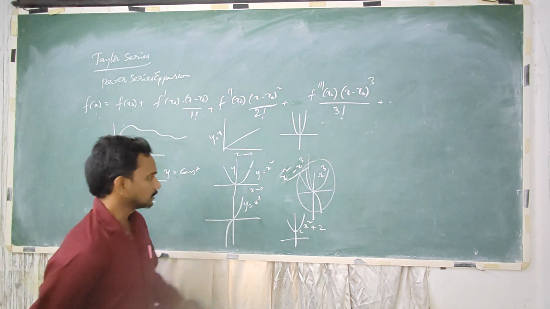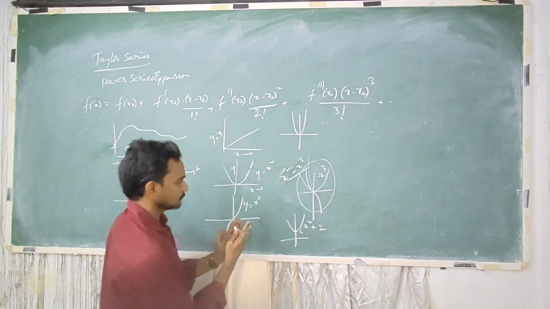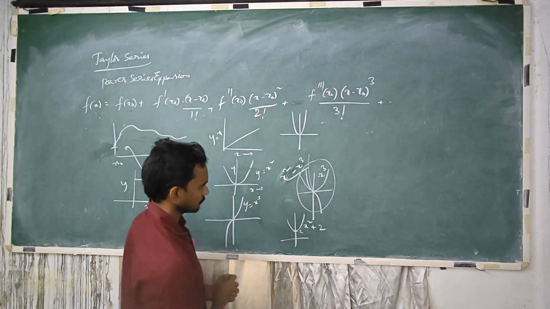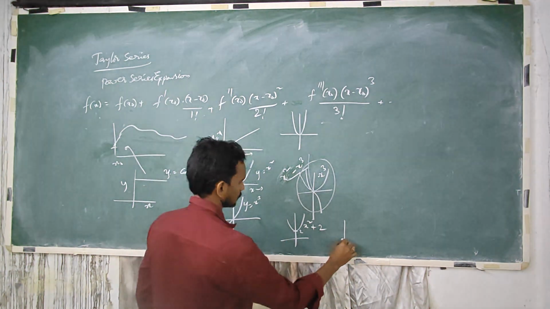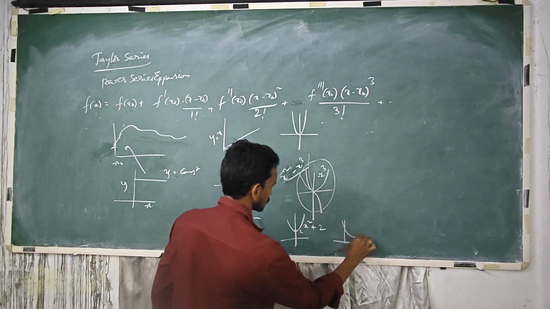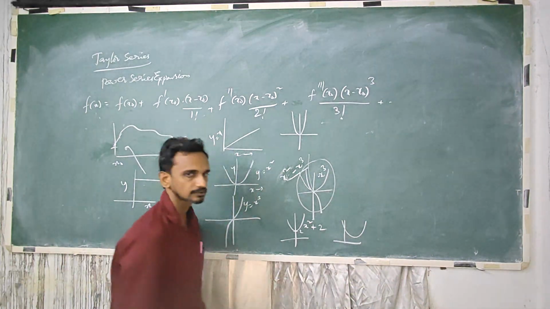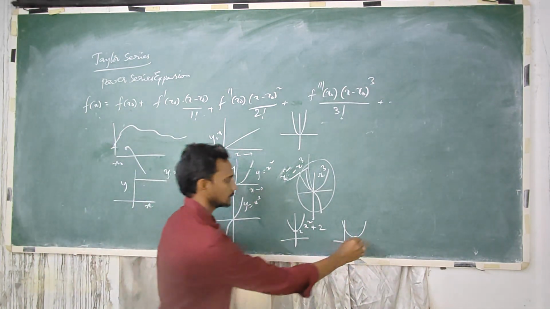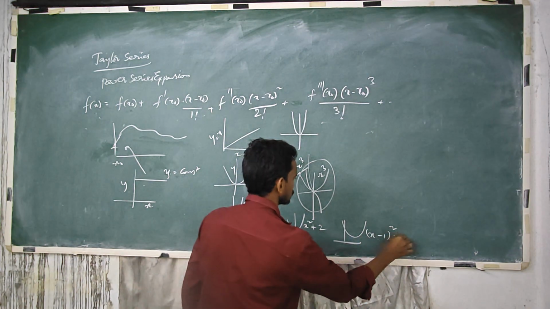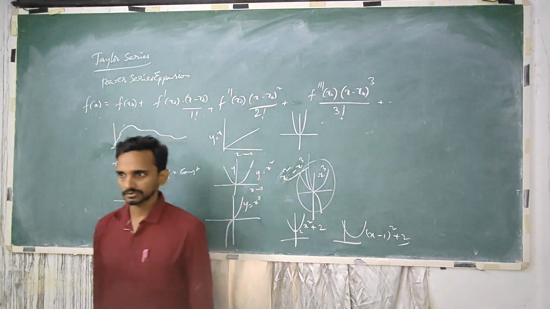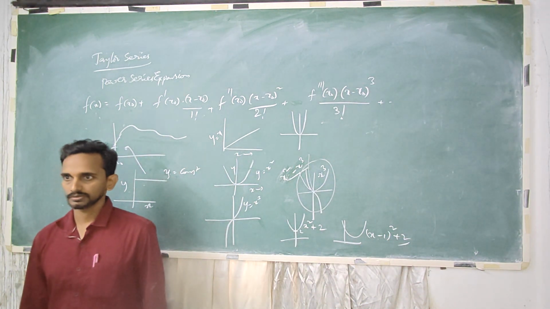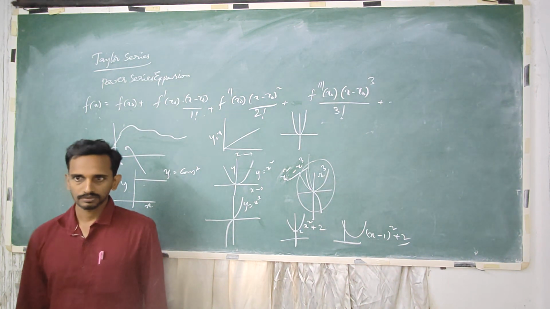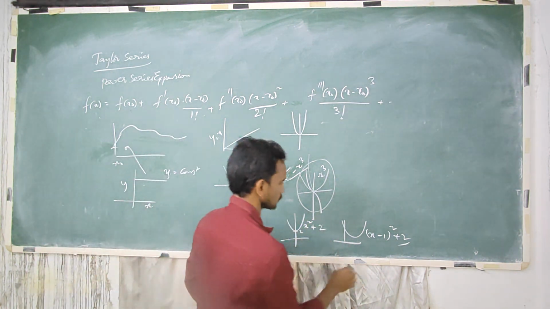Okay, so like that, let's say this is shifting. I mean, the x value itself is shifting. Let's say the curve is like this. What is that? It is then x minus 1 whole square plus 2. x minus 1 or x plus 1, some functional form.